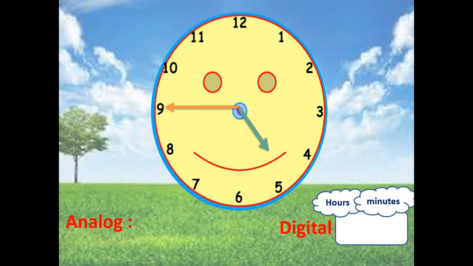I just need a quarter hour to reach 5 o'clock. Quarter to 5, analog. And in digital, the number before. So it will be 4 in the hours and in minutes, 45. So it's 4 and 45.